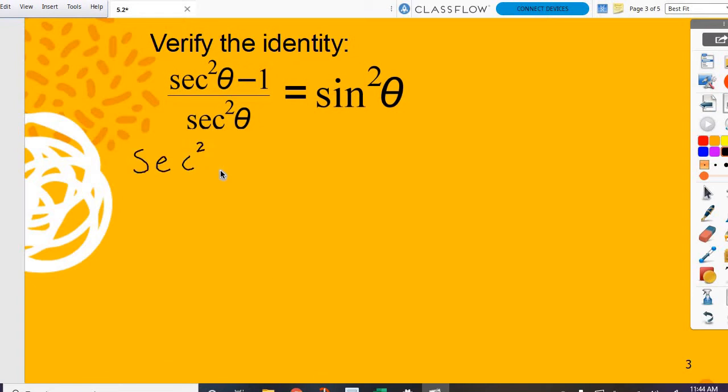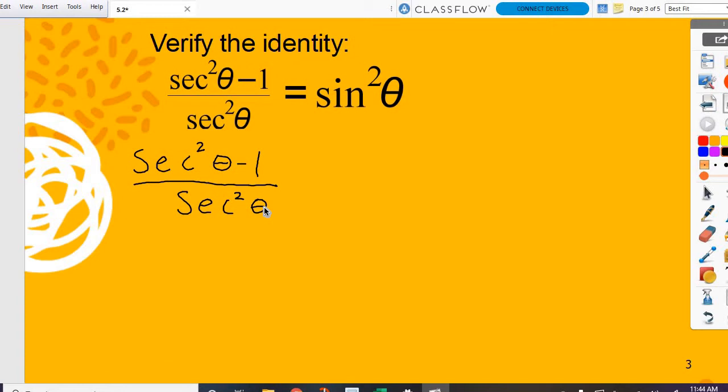So we have secant squared of theta minus 1, divided by secant squared of theta. So what do we notice? I noticed that we have a secant squared on top and bottom.